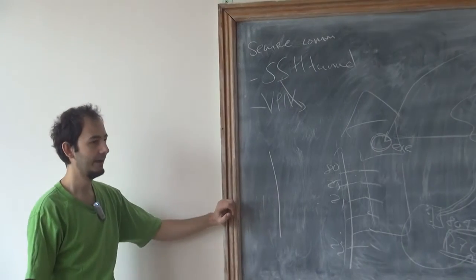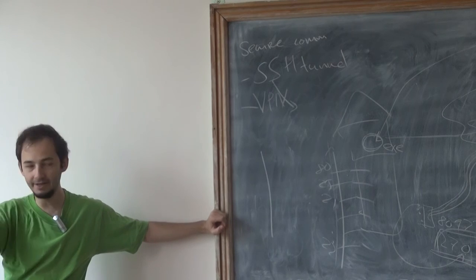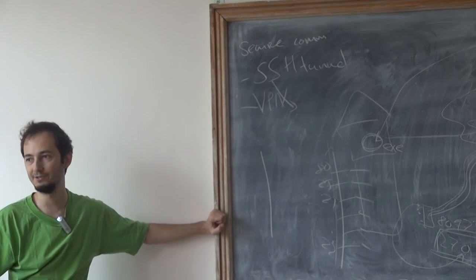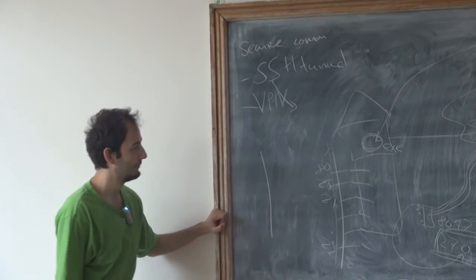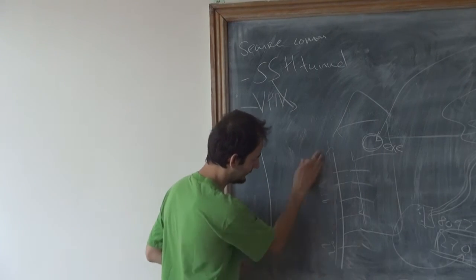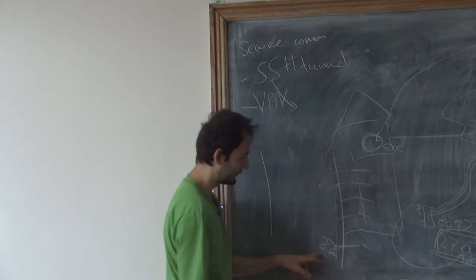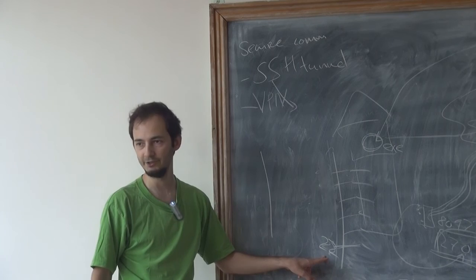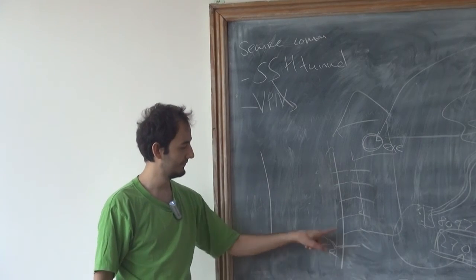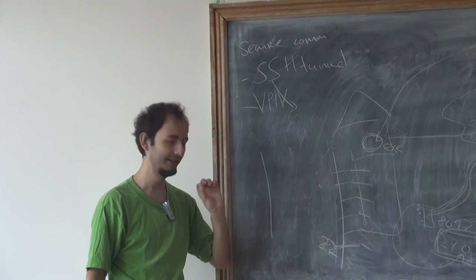It's like having a room with a lot of doors and a lot of windows. You have to keep an eye on all of them if you want to make sure no one is going to mess with you. But with SSH tunneling, you can close all of them except port 22, which is used by SSH, and you can keep a very, very attentive eye on it.